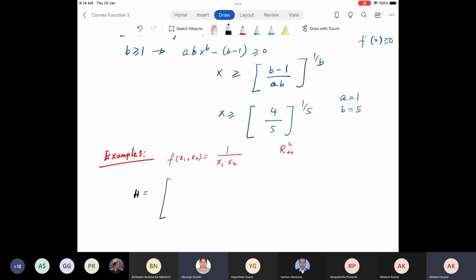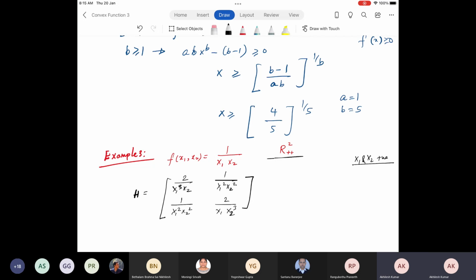So it is 2 by x1 cube into x2 first term, then 1 by x1 square x2 square, then again 1 by x1 square x2 square, then 2 by x2 cube into x1. This is the Hessian you are getting? Yes, x1 and x2 positive from here.